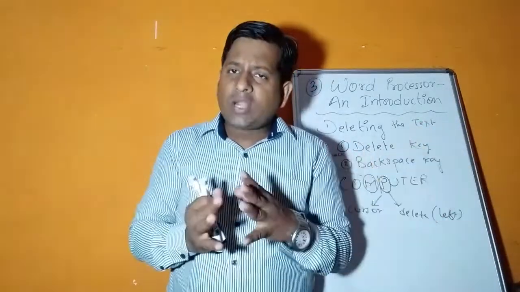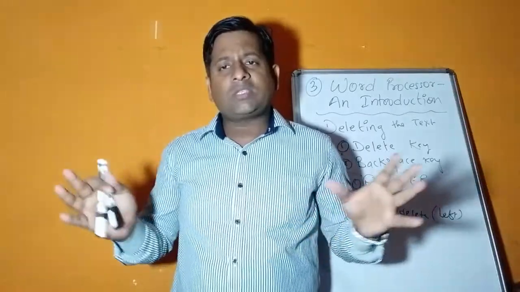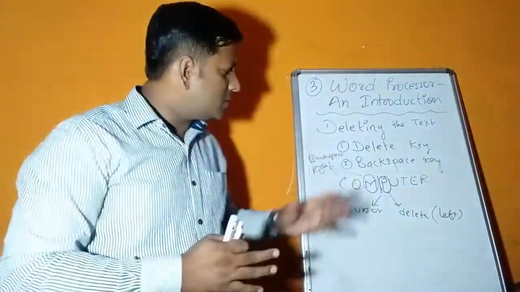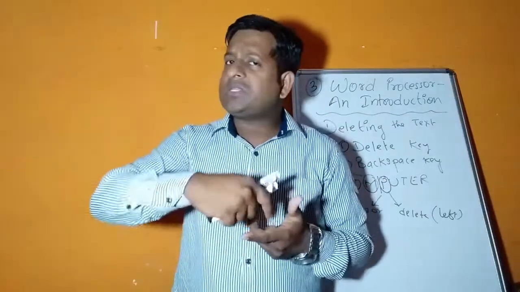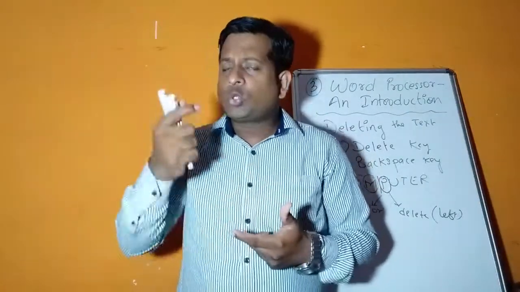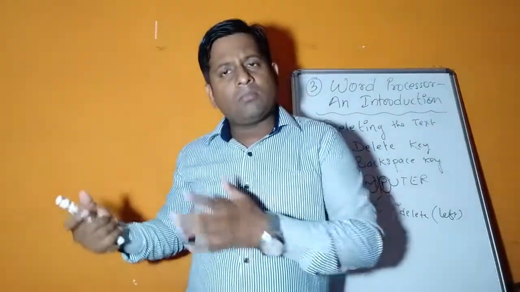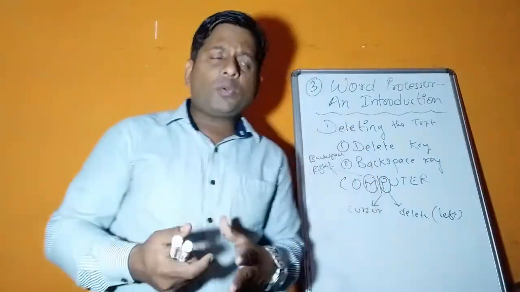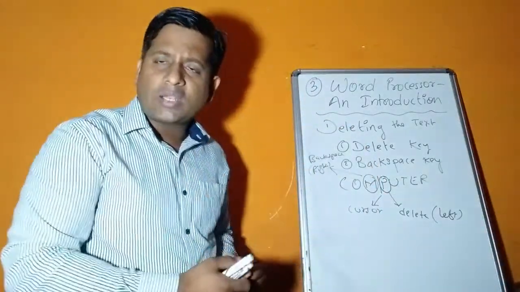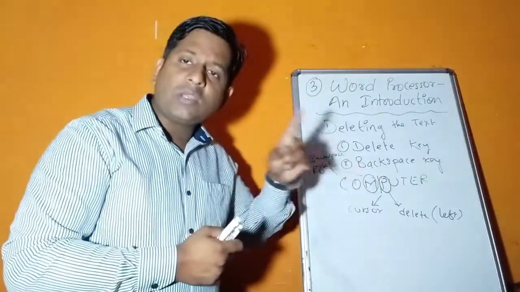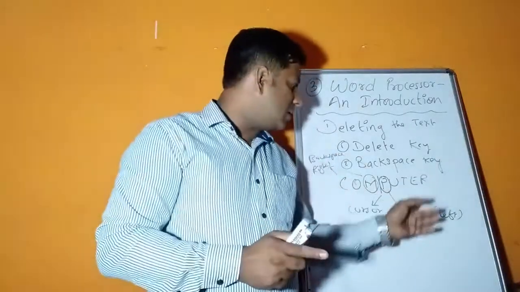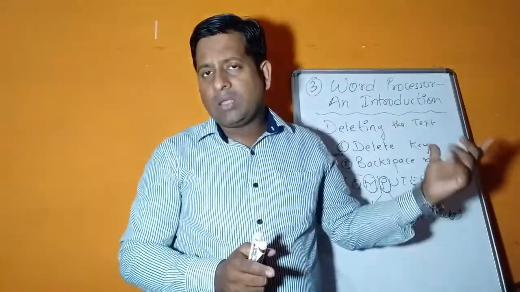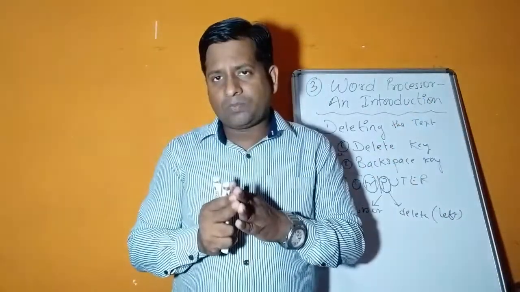When you select the entire sentence or lines and press the delete key, you'll find the line is missing from that document. That means it is deleted. So to delete a word, line or sentence, first select the text, then press the delete key. But for an individual character or letter, you can use either backspace or delete key based on their positions.